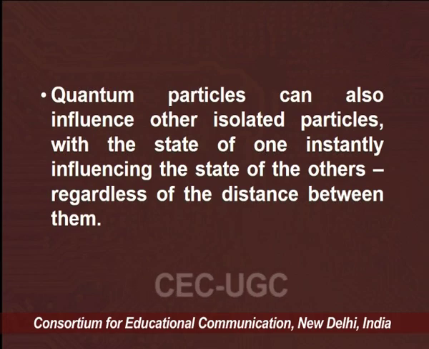Now, quantum particles can also influence other isolated particles, with the state of one instantly influencing the state of others regardless of the distance between them, that is the entanglement. So, the phenomenon known as entanglement allows a quantum battery to recharge more quickly, as the greater the number of entangled particles, the faster they collectively move from a lower energy state to the higher energy state.